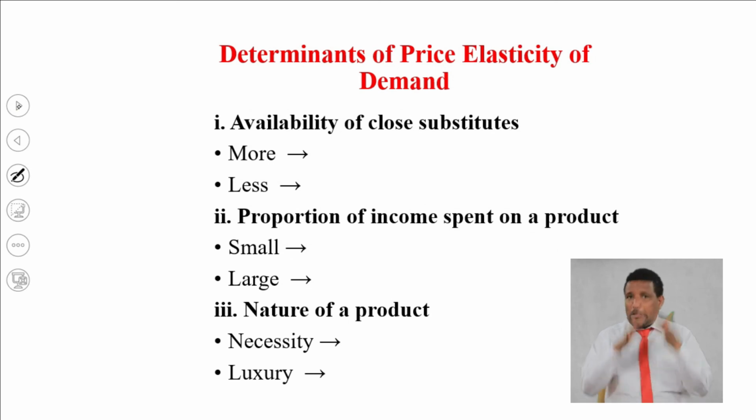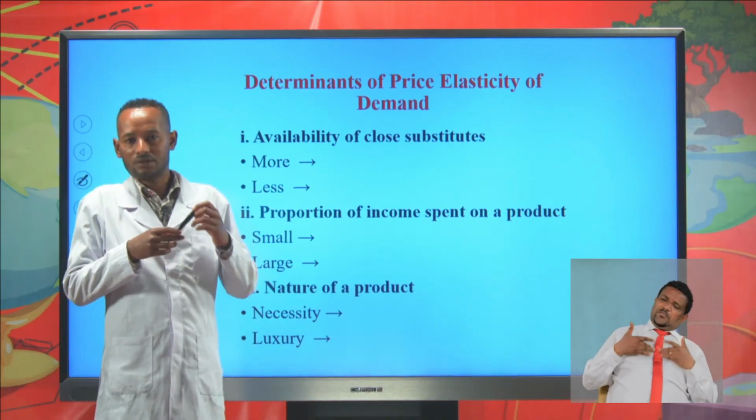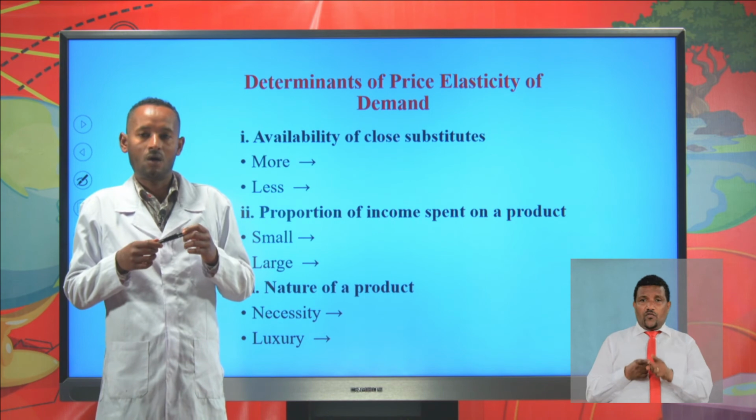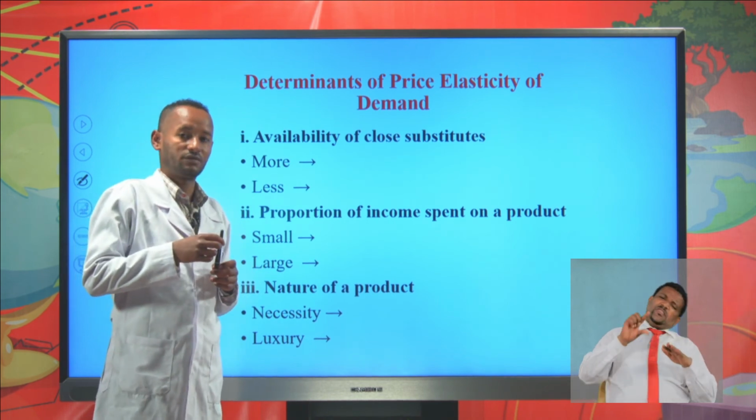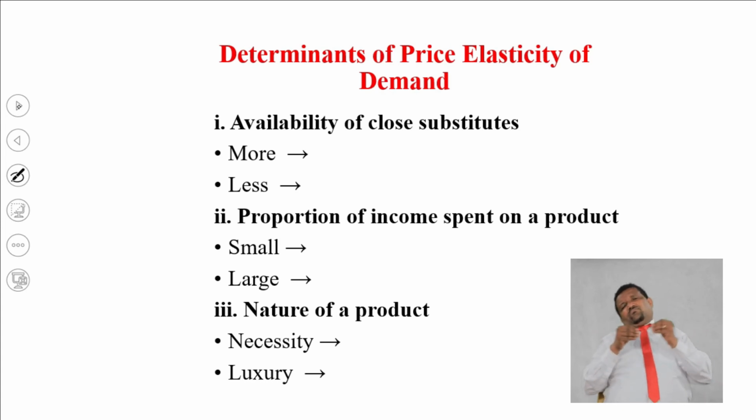Now let's see the determinants of price elasticity of demand. These are factors that make the buyer either sensitive or less sensitive, either responsive or less responsive, elastic or inelastic. Let's see these determinants one by one. The first determinant is the availability of close substitutes. If there are more close substitutes, then the buyer will be more elastic.